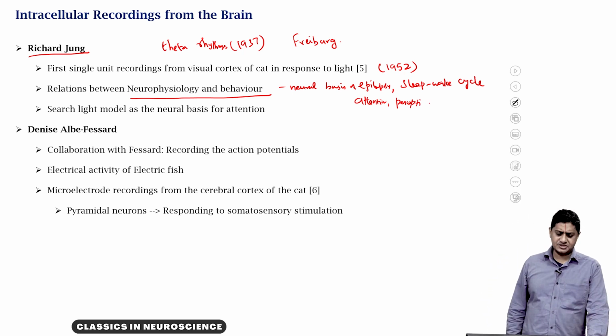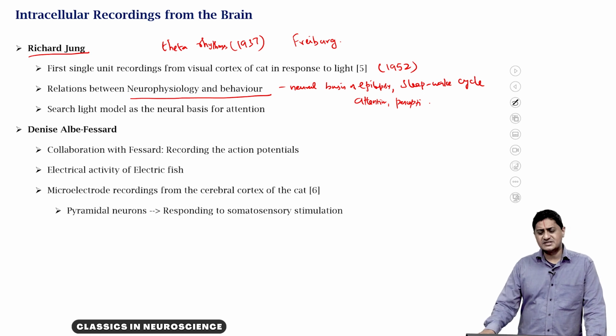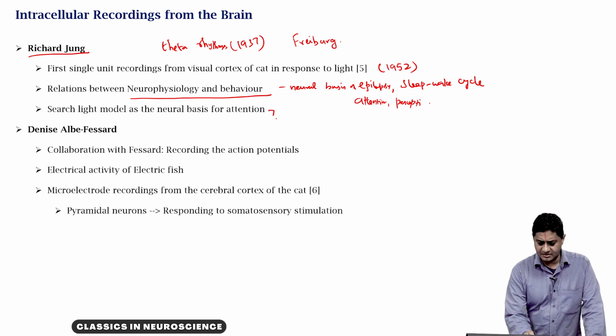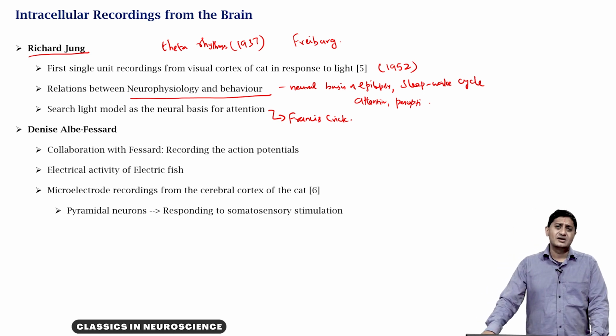He also proposed the searchlight model as a neural basis for attention that was later pursued by people like Francis Crick and others.